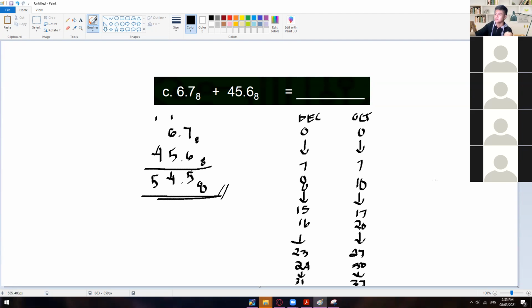No. You're not going to times to it. Just add. Okay. So from here, it's the same, plus 0. From here is 7 to 17.